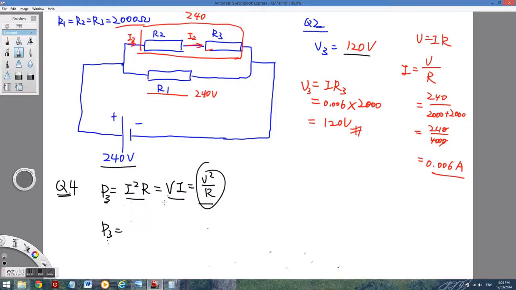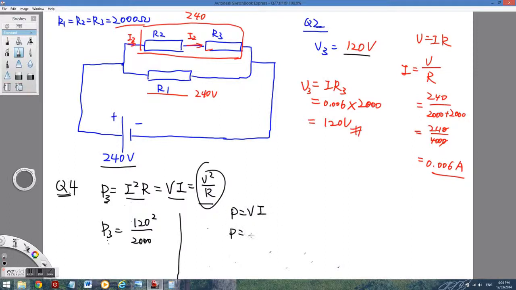So the voltage 120 divided by 2000. Or, well, this is too simple, so let's use this equation instead.